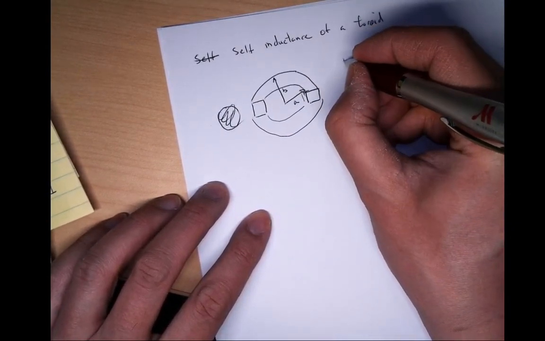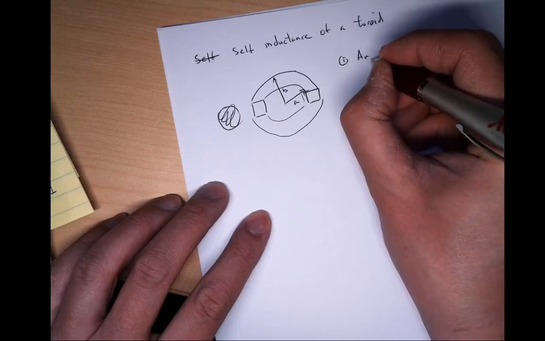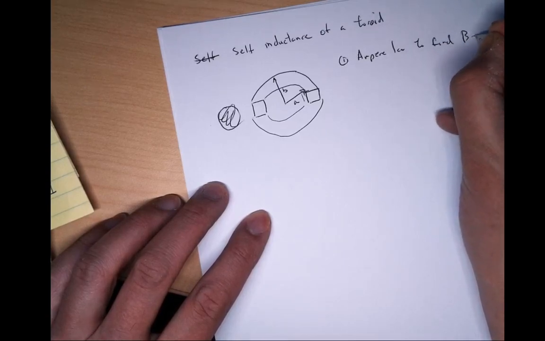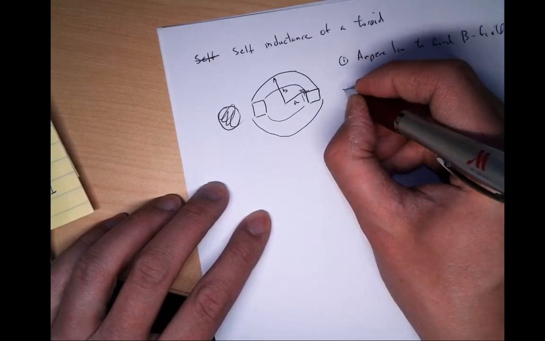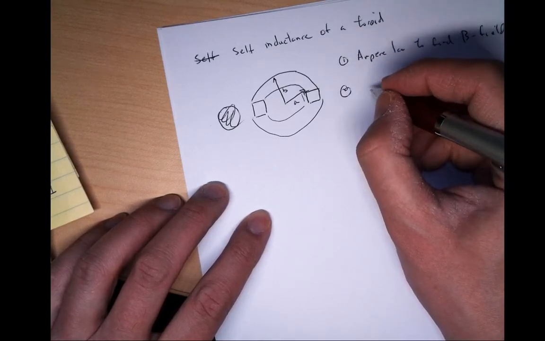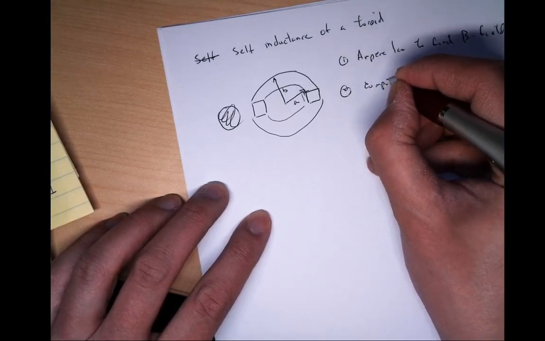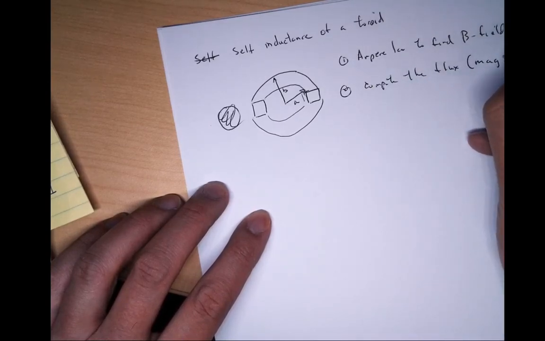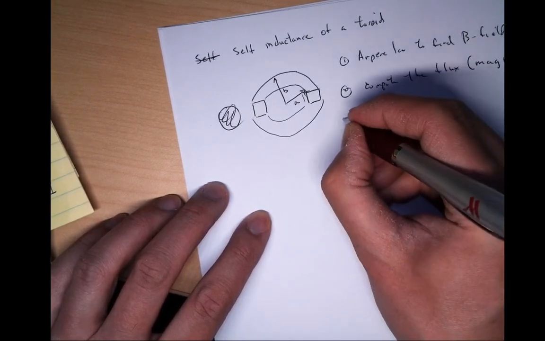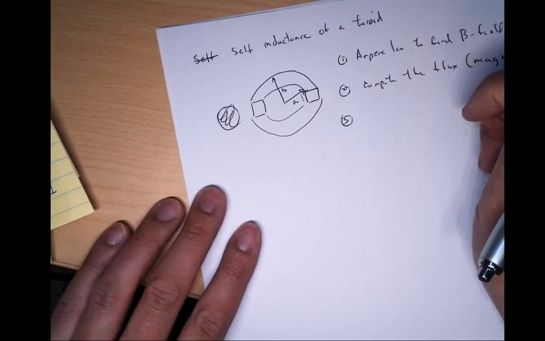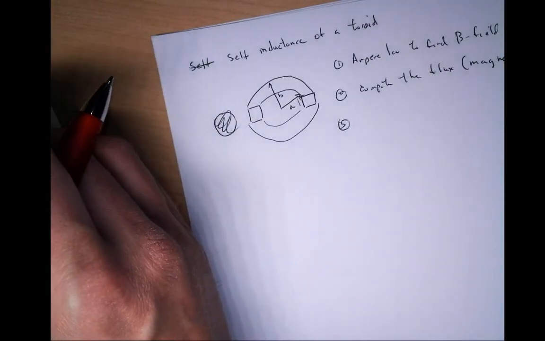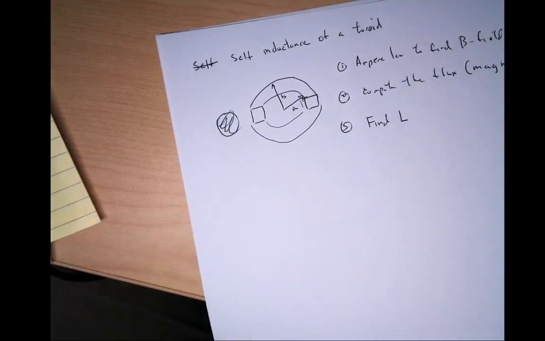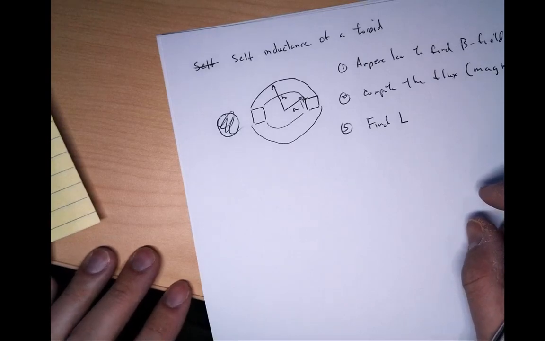So basically the strategy is: number one, Ampere's law to find the B field, and then number two is to compute the magnetic flux, and then number three is that we're going to get the inductance. Find L, right? So very similar three-step process to use for calculating capacitance, right?